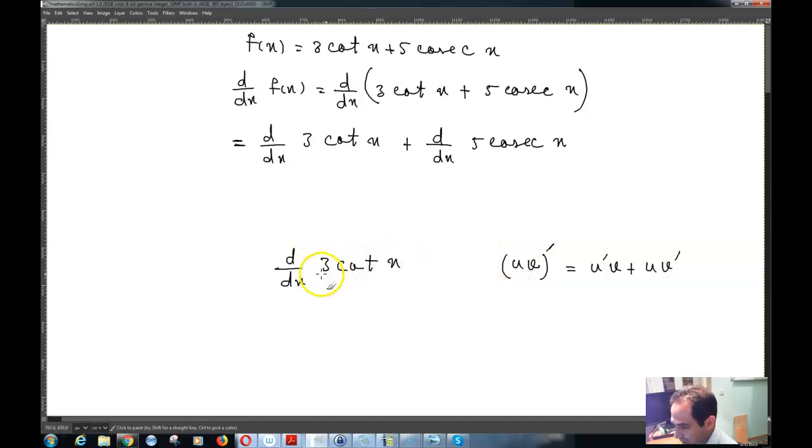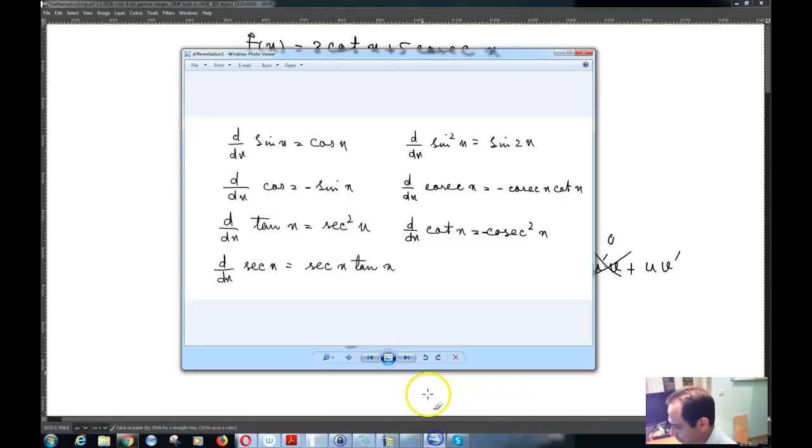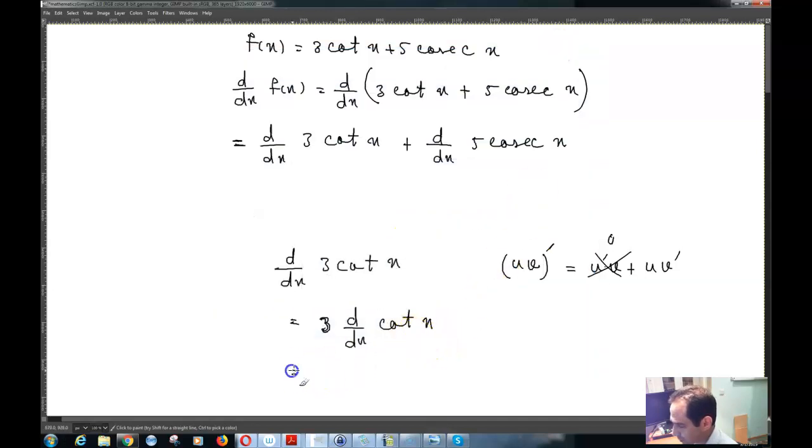But since the first function is a constant function, its derivative is 0, and this part is 0, and you get only the second part. So this is going to be 3 times the derivative of cot x. Now we said that the derivative of cot x is equal to negative cosecant squared x. So negative 3 times cosecant squared x.